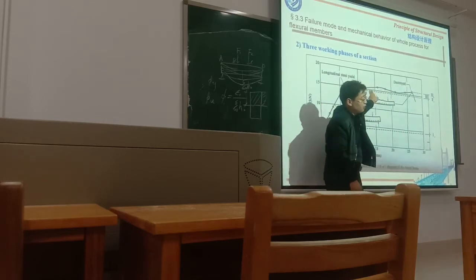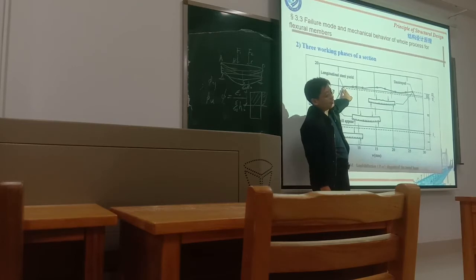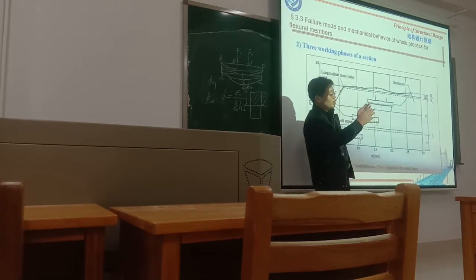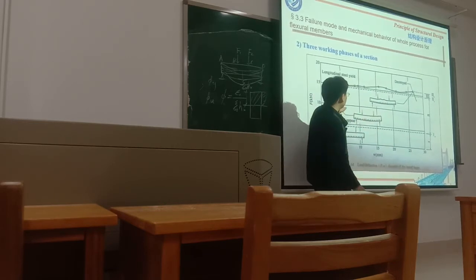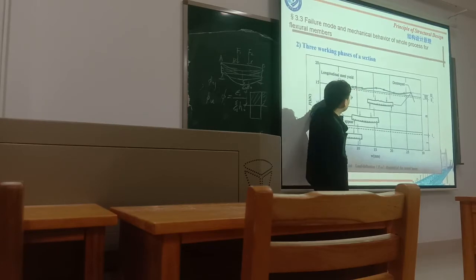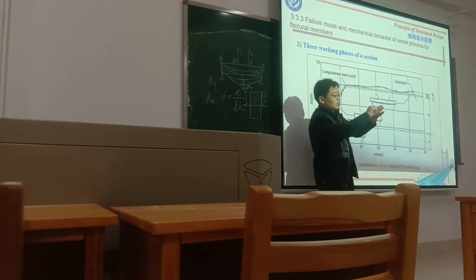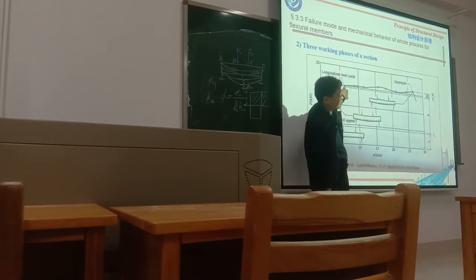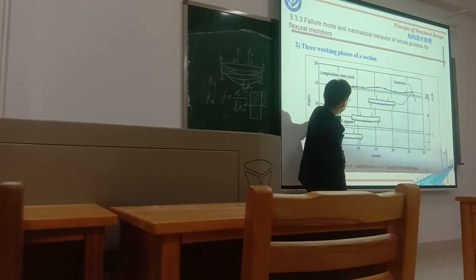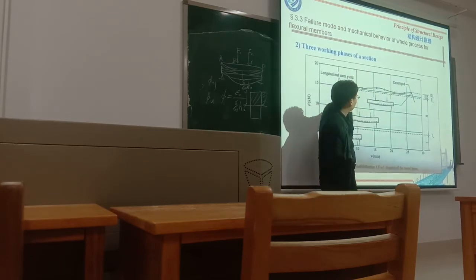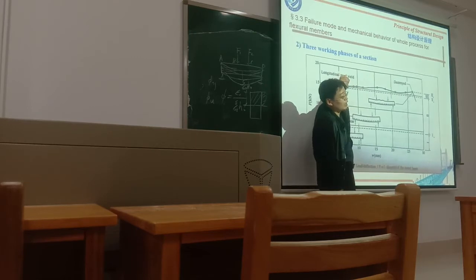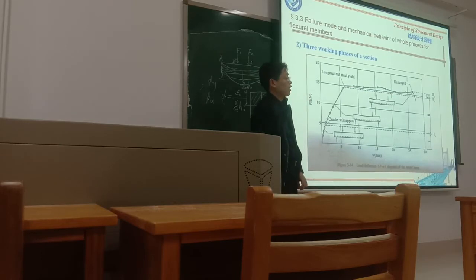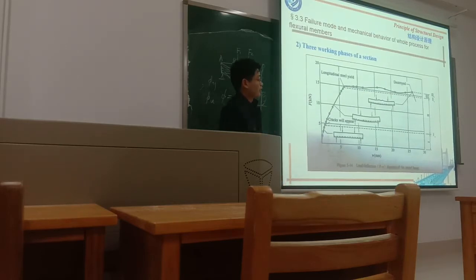Actually, there's no phase 3. Phase 3 means the reinforcement reaches the yield strength, the stress of the reinforcement no longer increases, but the strain of the reinforcement increases greatly. So for the over-reinforcement beam, the curve goes up, maybe just a little bit, and then just crushes. There's no increase of the strain of the steel bar.